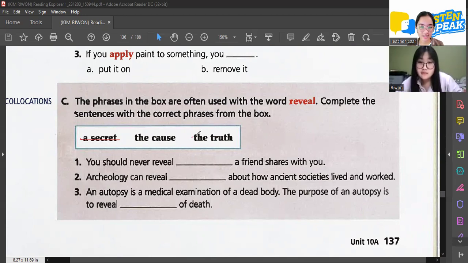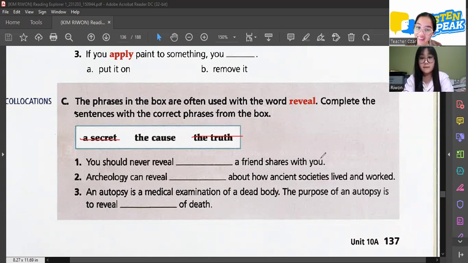Okay, yes. So archaeology is the one that can reveal the truth about how ancient societies lived and worked. Like the archaeologists who revealed the secret, or the history, about the Terracotta Army and the Emperor Qin.